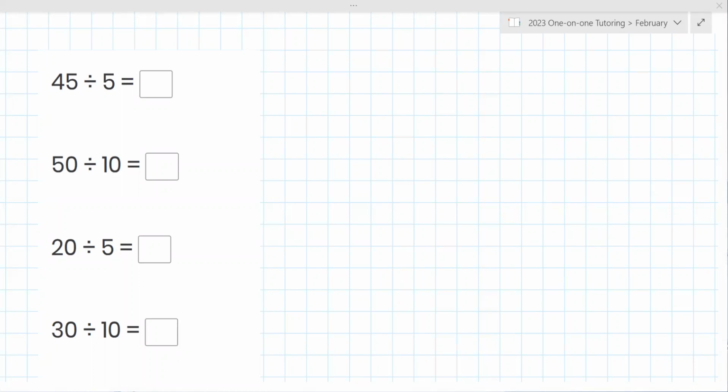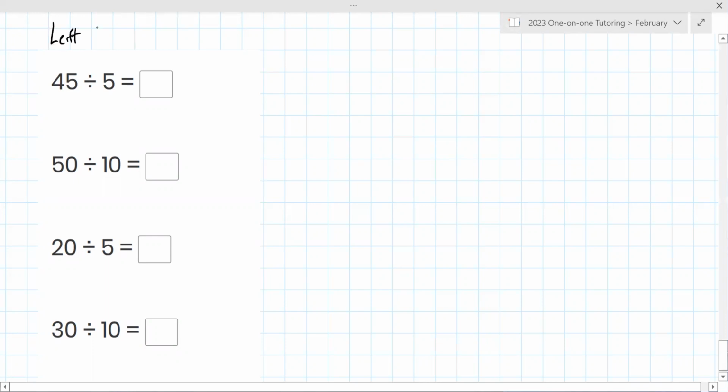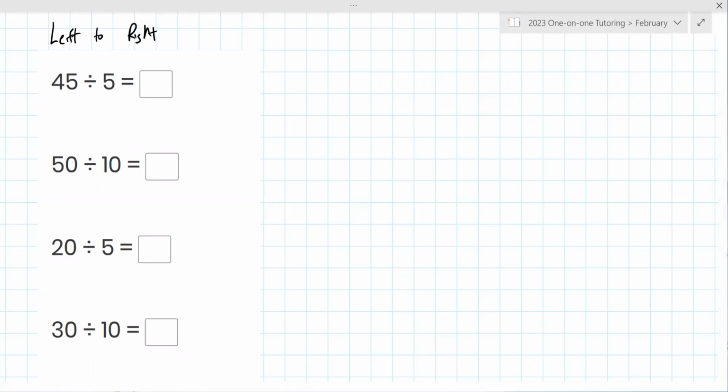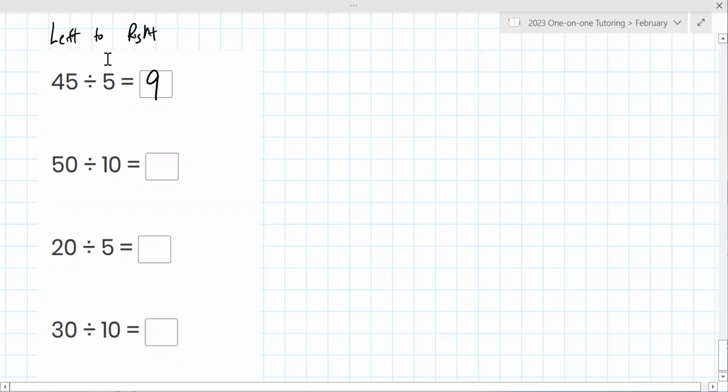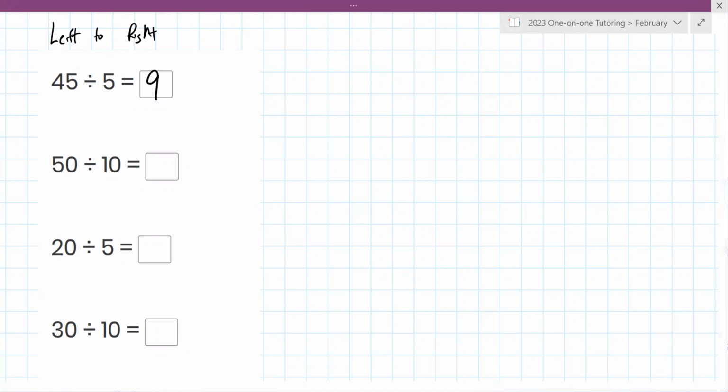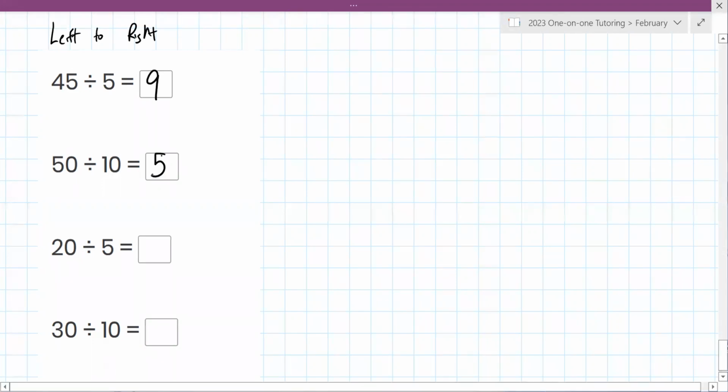45 divided by 5 is 9. You've got to say it from left to right. So it's 45 divided by 5. Can you go ahead and say that out loud, please? 45 divided by 5 is 9. Very good. Keep going. 50 divided by 10 is 5.